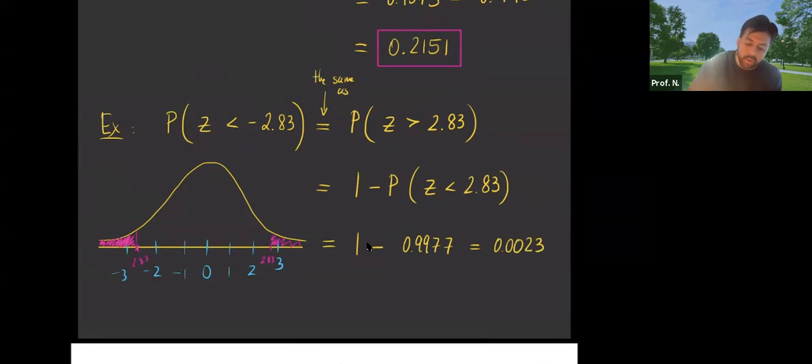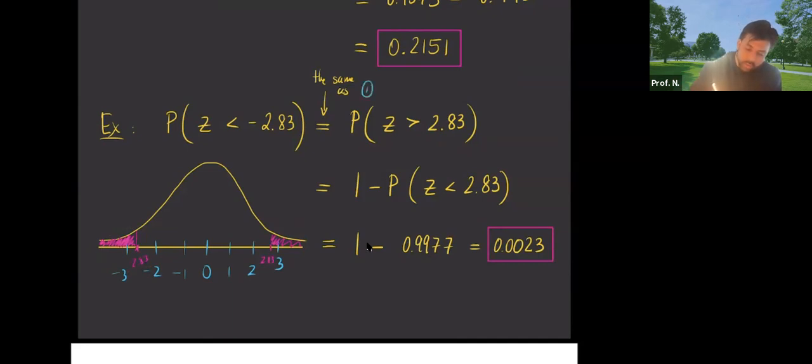So that would be the area to the left of negative 2.83 because I found the area to the right of positive 2.83, which is equivalent to the area to the left of negative 2.83 due to its symmetric nature, which is beautiful, which is nice. I like this. This is expected because of the symmetry behind this curve. Okay?